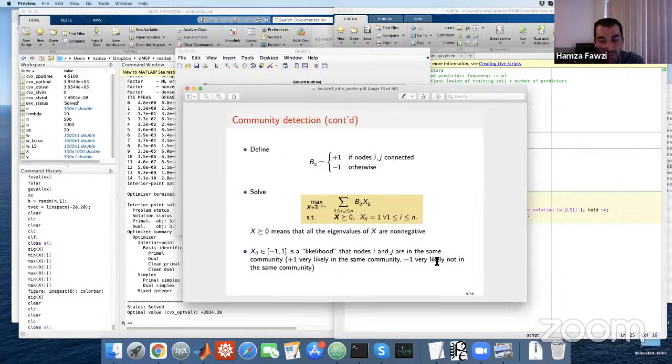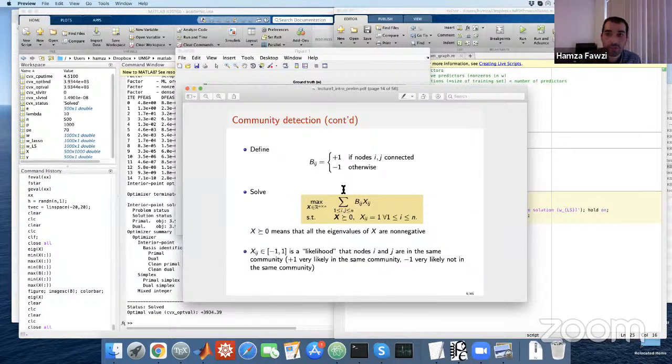And -1, it's very likely they are not in the same community. Obviously i and i are in the same community, it's the same node, so this has to be equal to +1. Once you solve this, you look at the sign of the entry Xij, and this tells you whether it's more likely that i and j are in the same community or not.